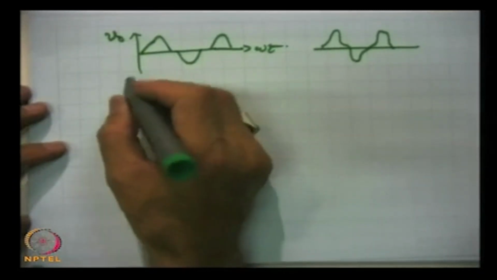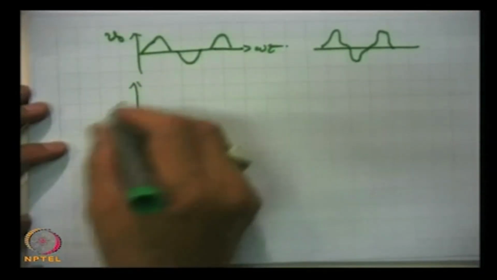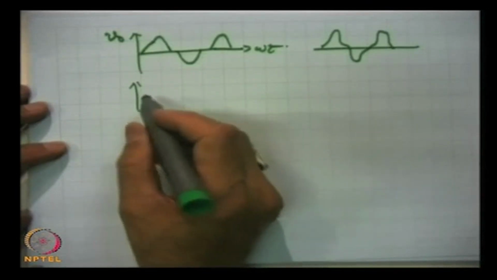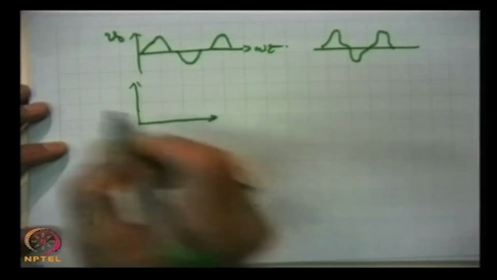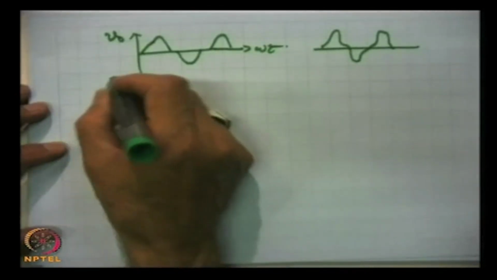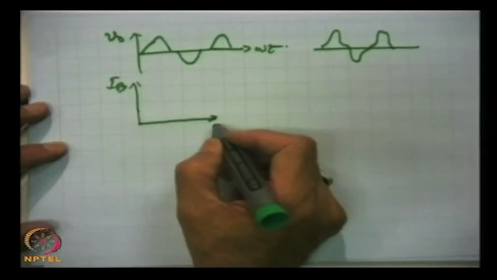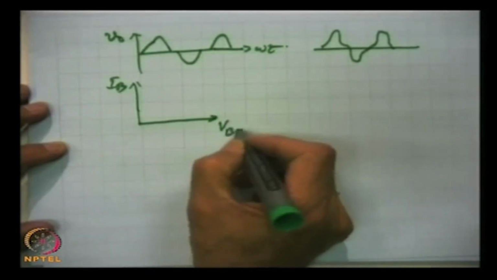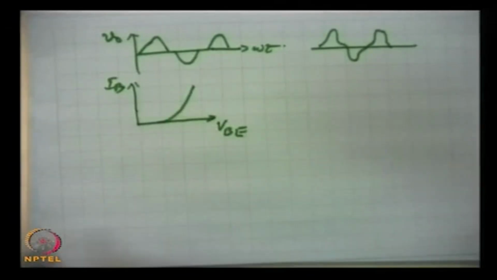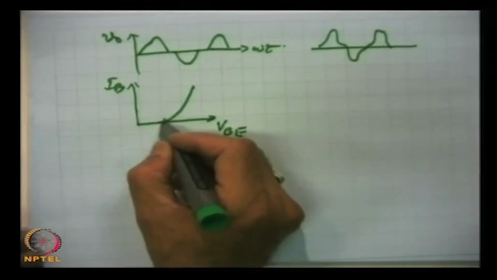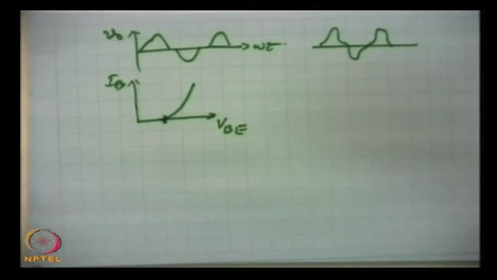Our input output curve is like this. This is base current IB and this is VBE, and this is the input curve. The strict B operation will imply taking the operating point here.